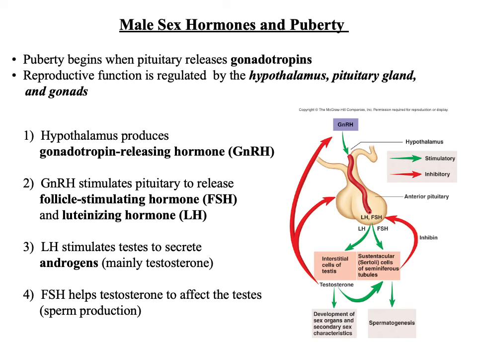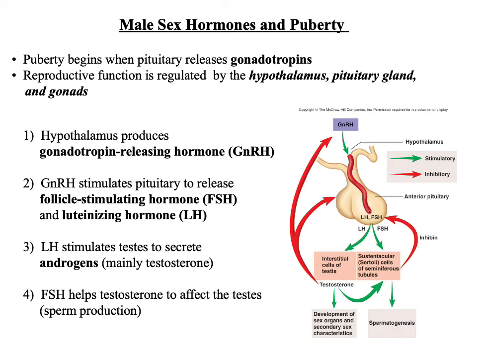Reproductive function in males is regulated basically by three areas. We have the hypothalamus and pituitary, so that's a source of hormones, and then the gonads themselves. The testes, in other words, are also going to secrete hormones. The hypothalamus produces a hormone. And remember how the hypothalamus and pituitary work, right? They're partners. The hypothalamus starts everything by producing what's called the gonadotropin-releasing hormone.